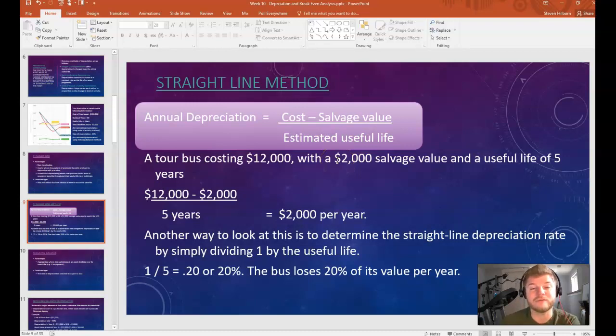Therefore, it's around $10,000 of value that it will go down over an estimated useful life of 5 years. So 12,000 minus 2,000 is 10,000, divided by 5 years, it's about $2,000 per year, or 20%. That's very simple. Straight line depreciation, $2,000 a year, and every year it'll go down that much.